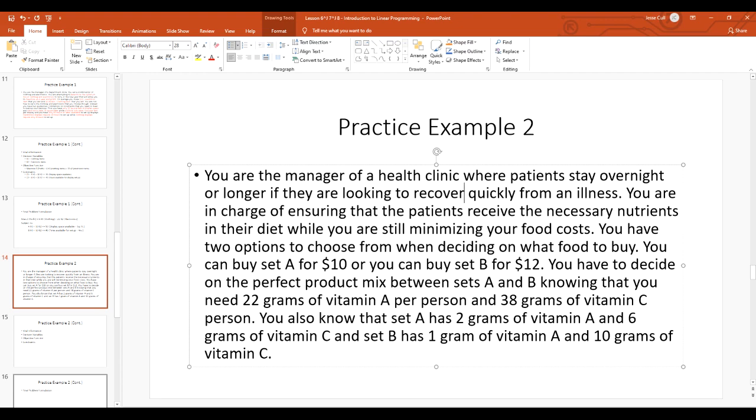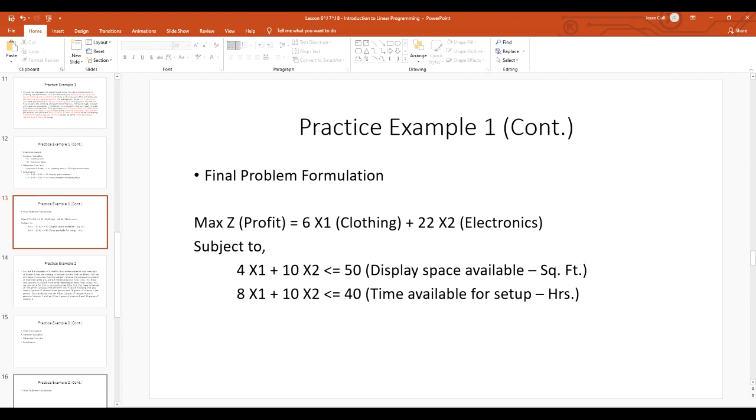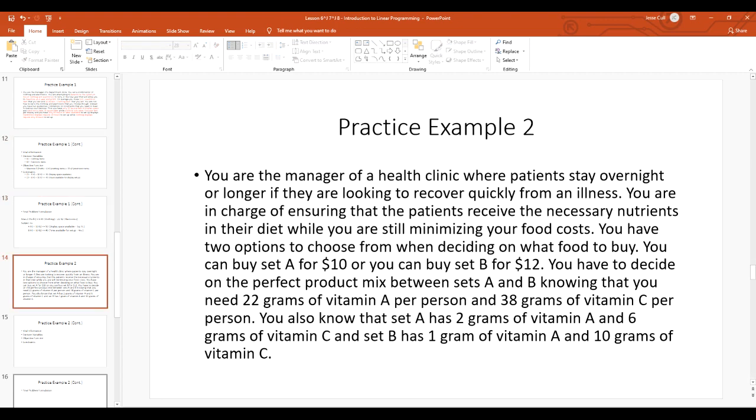You have to decide on the perfect product mix between sets A and B, knowing that you need 22 grams of vitamin A per person and 38 grams of vitamin C per person. You also know that set A has 2 grams of vitamin A and 6 grams of vitamin C. And set B has 1 gram of vitamin A and 10 grams of vitamin C.